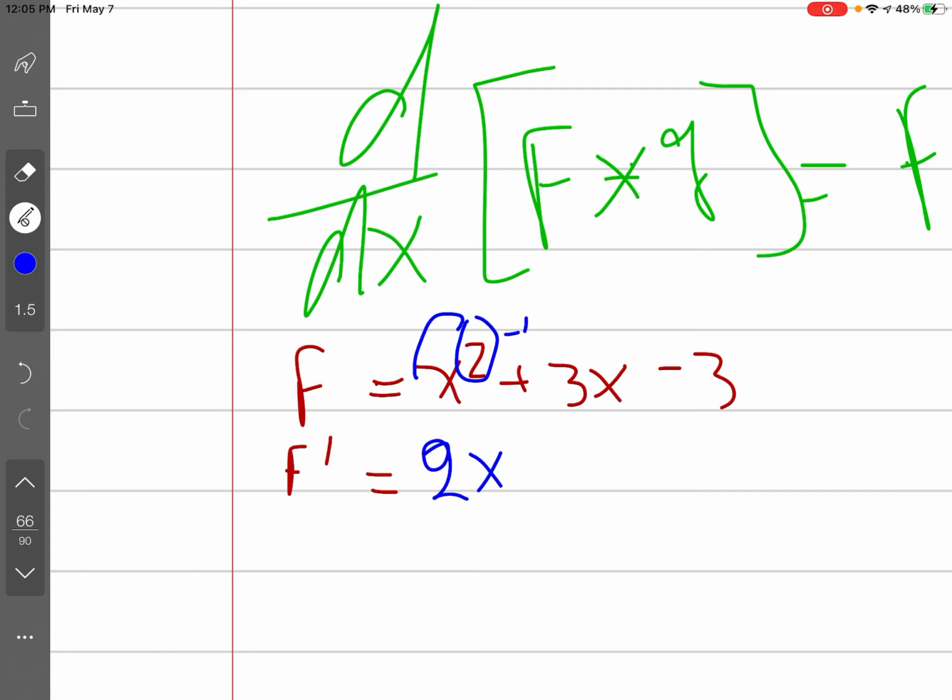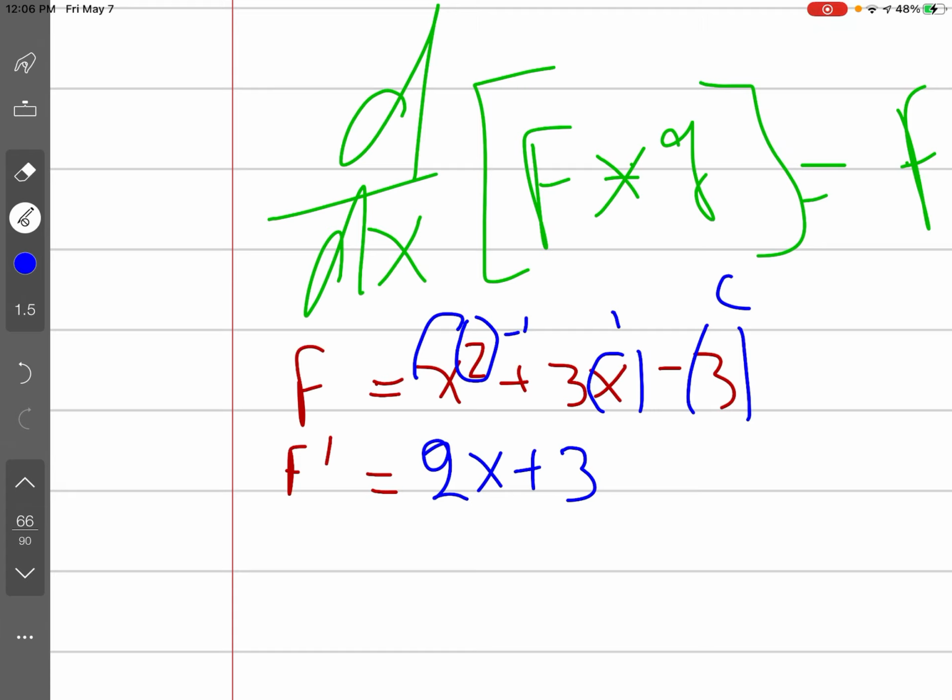We don't want to put any power, so it's only x. Then 3x becomes 3, and the constant is 0, since any constant is 0 in the derivative. So plus, I think it's minus 3. Oh yeah, it's plus 3. So this is my f prime, my derivative.